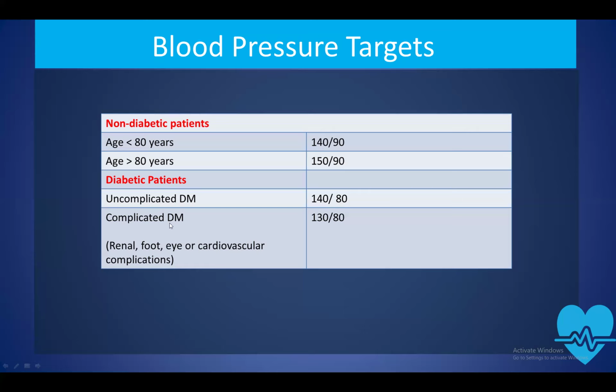If diabetes is complicated by renal, foot, eye, or cardiovascular complications, then the BP target is 130 by 80. It is comparatively even tighter to provide maximum protection for organs that are already damaged.